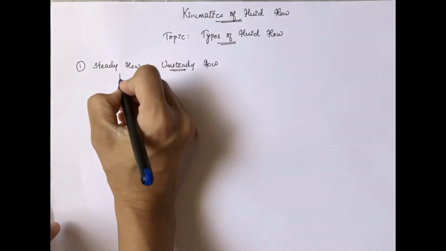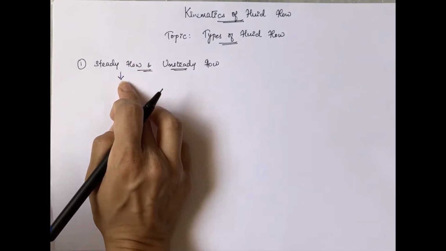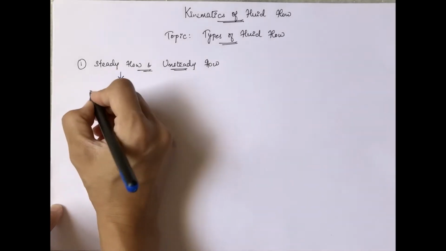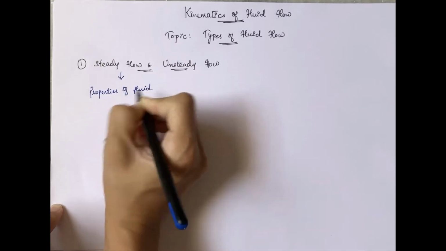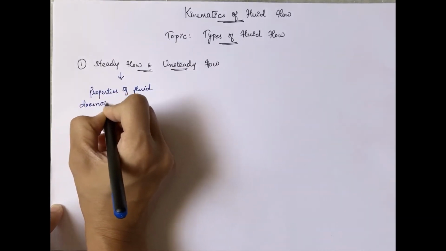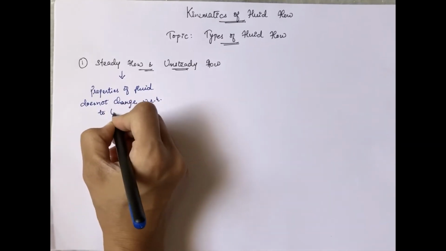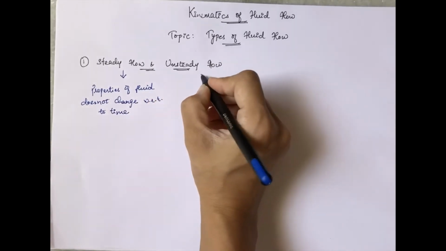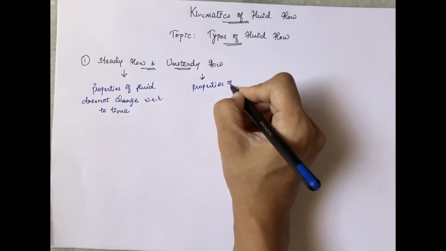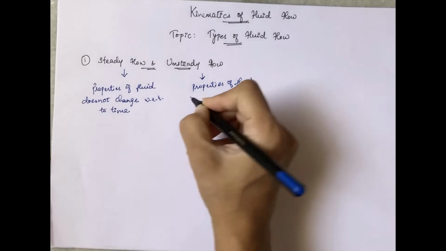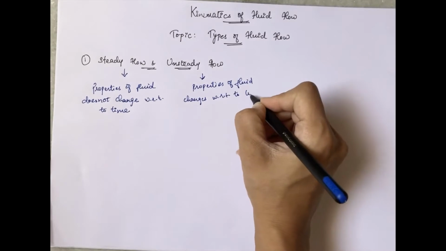Steady flow is defined as that kind of flow in which the properties of fluid do not change with respect to time, while in case of unsteady flow, properties of fluid change with respect to time.